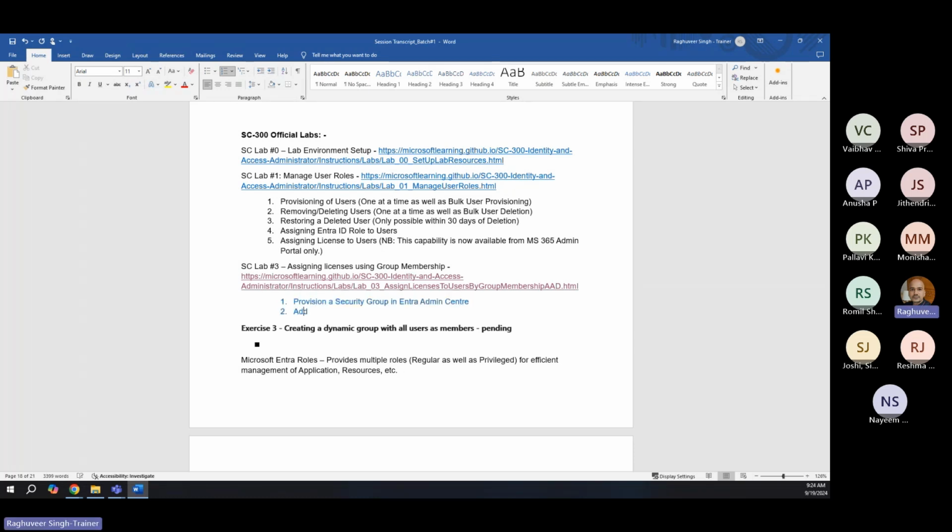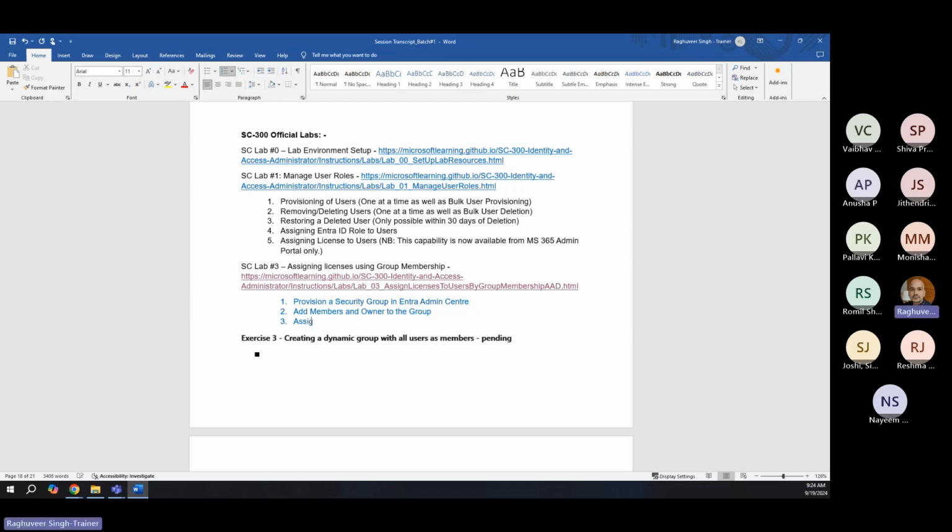add members and owner to the group, assign an existing license, whatever license you maintain, at the group level. Fourth, provision an M365 group.